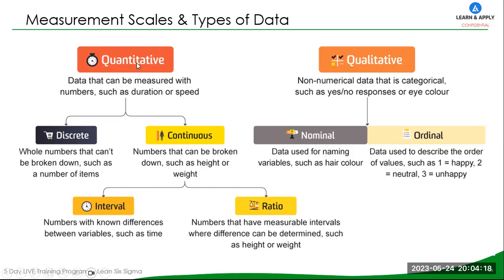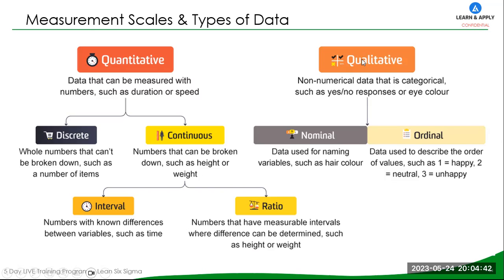One is called quantitative data. As the name indicates, it is expressed in terms of quantity, like numerical data. It's discrete and continuous, as you already saw. Continuous is expressed in terms of fractions. Discrete is not; it's expressed as a whole number.